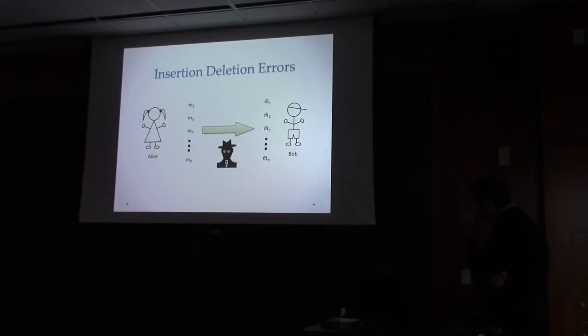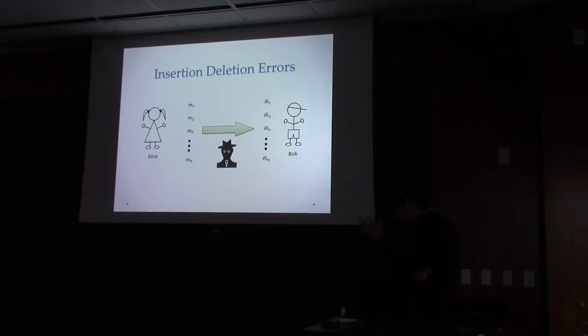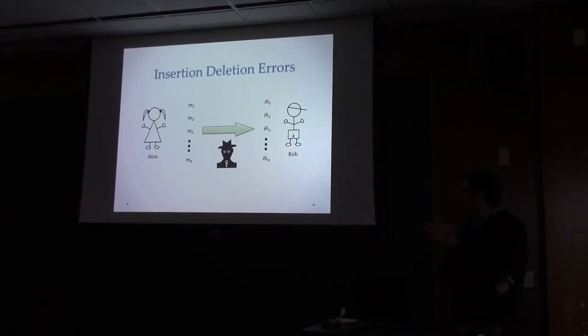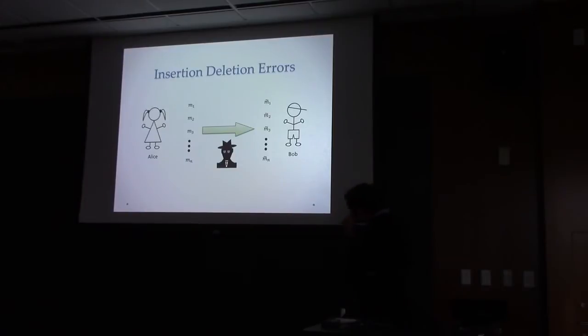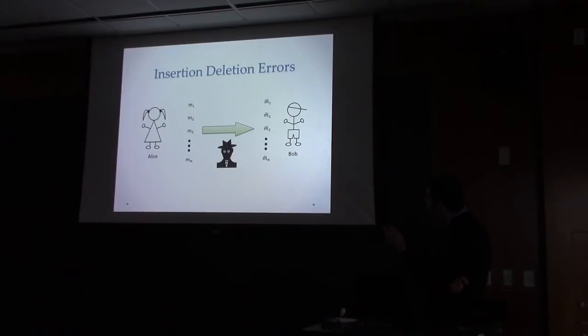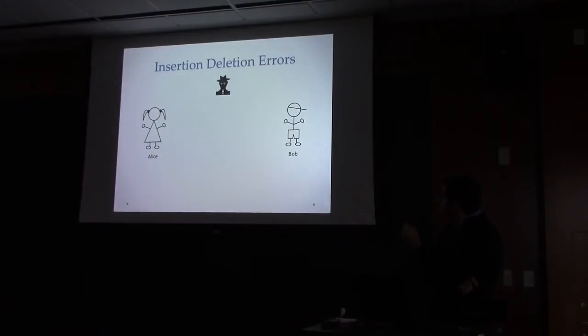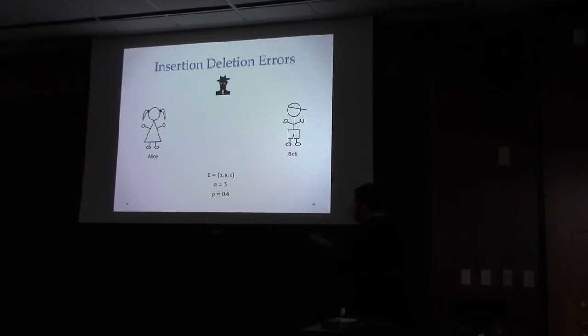The communication problems in which the error type is insertion and deletion are basically the same kind of problem, but instead of changing symbols, we assume that the adversary can insert or delete some symbols within the communication. As a very simple example, let's say we have an alphabet of size 3, A, B, C, and n equals 5 rounds of communication.